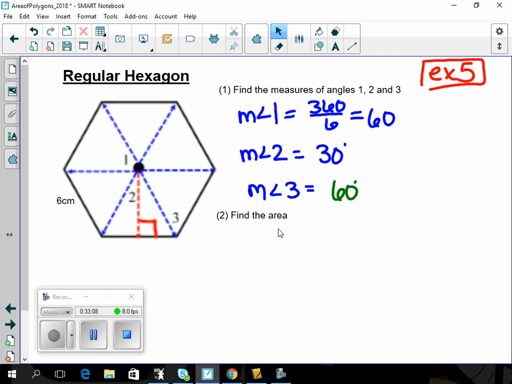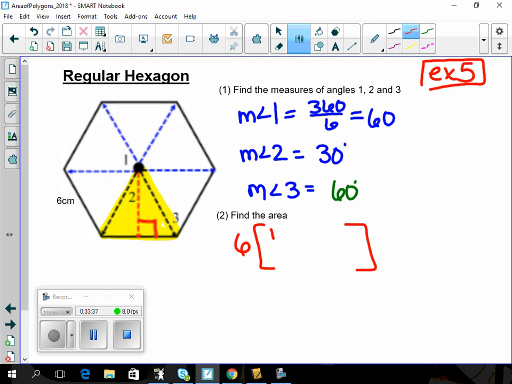The angle measures are going to come into play because what if I found the area of one of those triangles? How many of those triangles do I have in my picture? 6 of them. So isn't the area of this hexagon just 6 of the triangles?